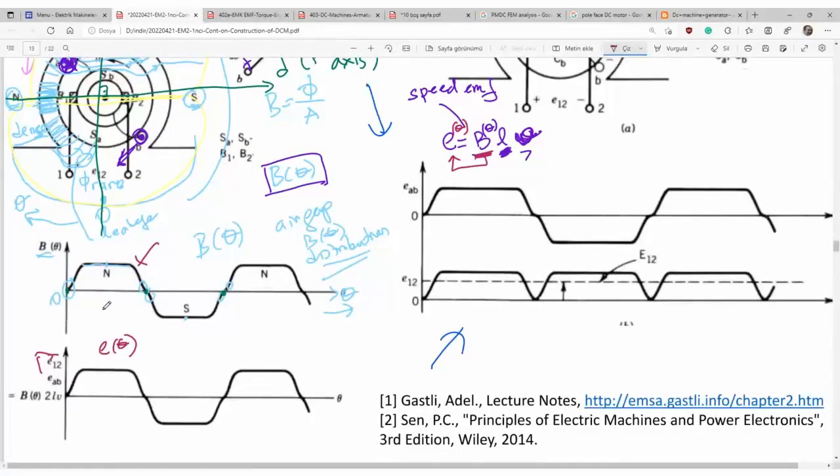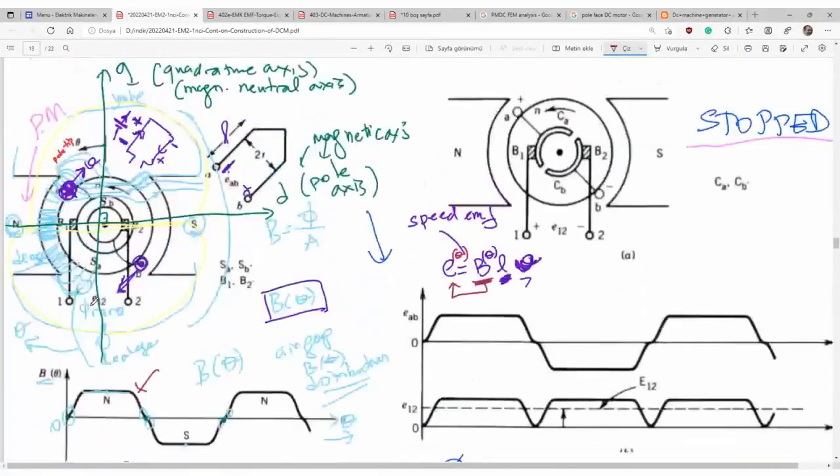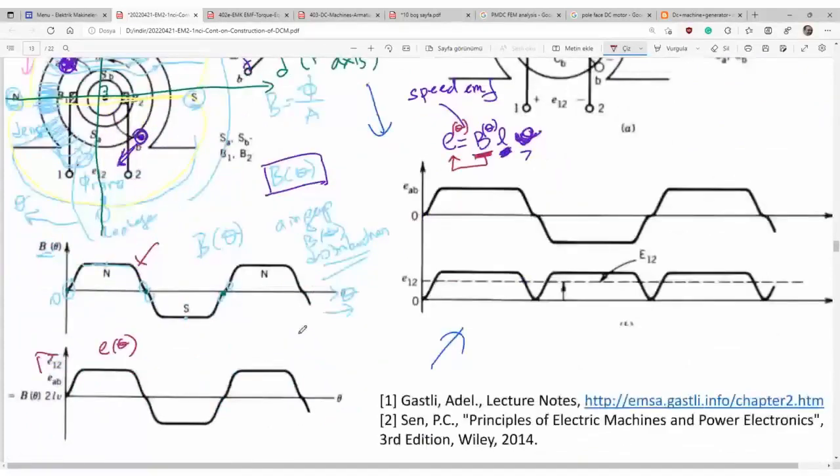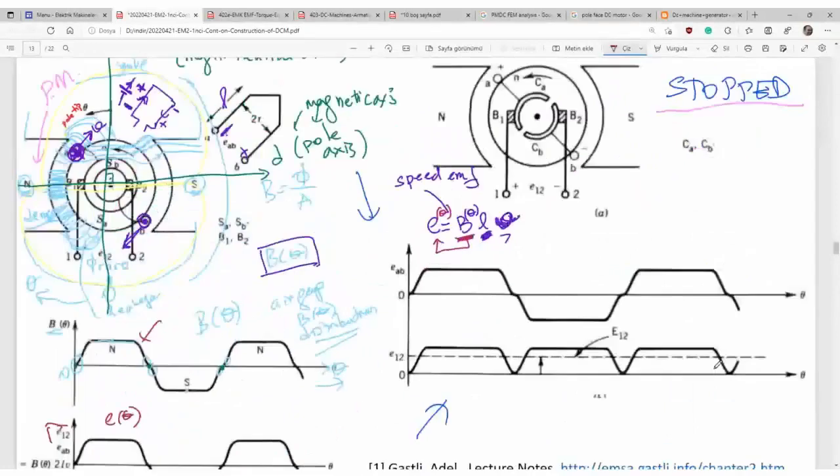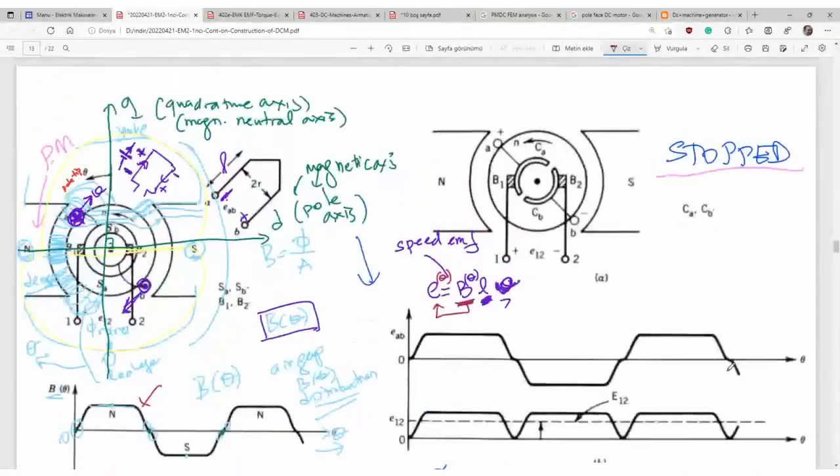Ladies and gentlemen, in the previous course, we studied the operating principle of the generator or motor and the commutator mechanism. The commutator mechanism was rectifying the electromotive force mechanically by commutation. So let's say here is a commutator.